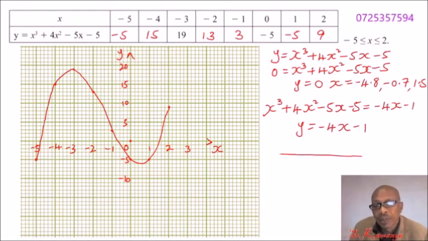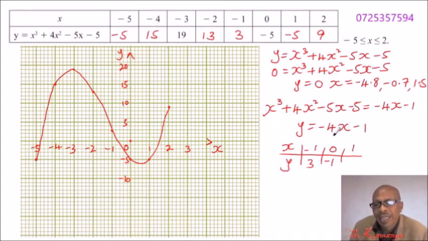So to do that, we are going to make 3 points. So this is x and this is y. We say when x is minus 1, minus 4 times minus 1 is positive 4, minus 1, that gives you 3. When x is 0, this will be minus 4 times 0 is 0, minus 1, so y is minus 1.